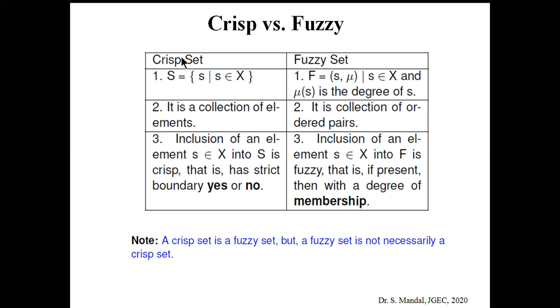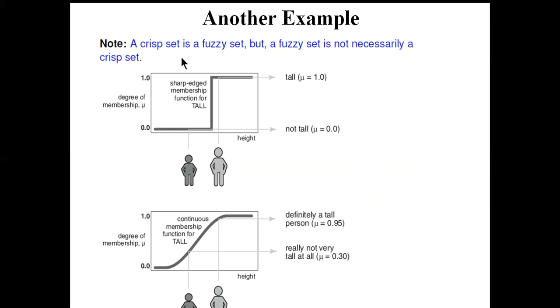Okay, now let's elaborate this distinction between crisp set and fuzzy set with another example. Consider a person, and we want to express them using crisp logic or fuzzy logic. The question is whether he is tall or not. In the case of crisp logic, the answer will be only one of two: it is either tall or not tall.